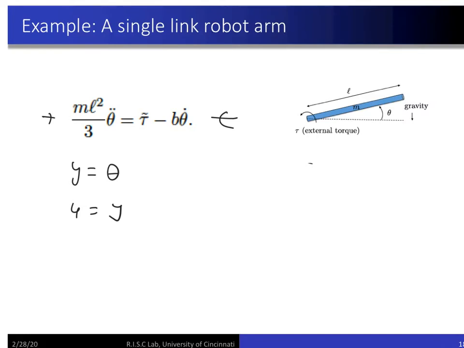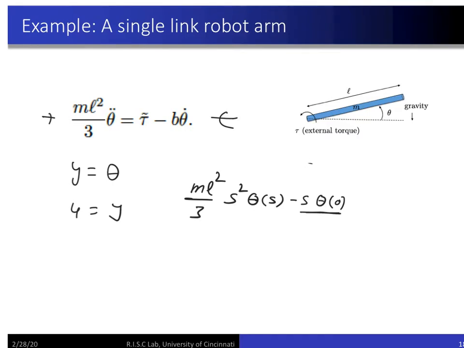So if we do that, then it will be mL squared by 3 s square theta s, minus s theta 0, minus theta dot 0, something like that.